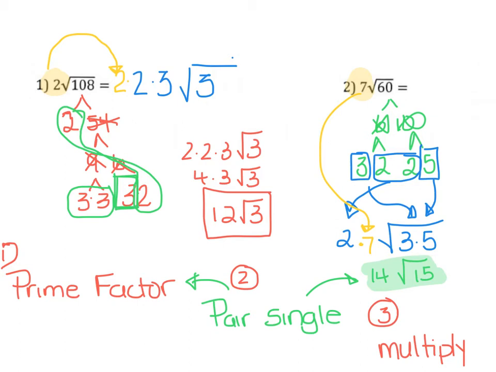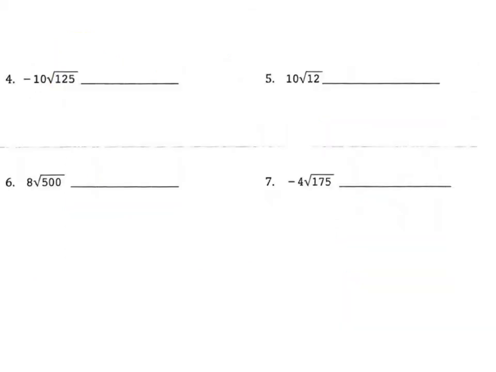Okay, I'm going to try 2 more just to keep everybody on track. Let's look at this next one, which is -10 square root of 125. So we're going to take the square root of 125 and factor it.